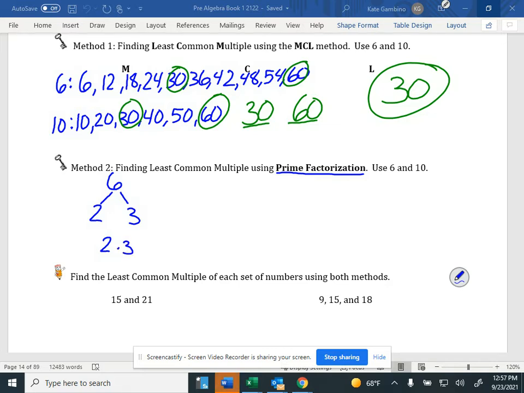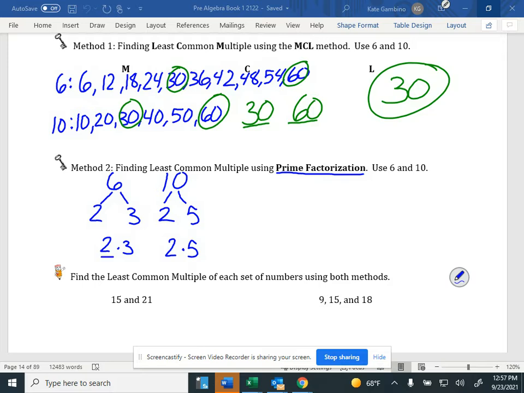Then we need to find our primes for 10. What are the primes for 10? Nathan? 5 and 2. Yep, 2 and 5. Here's where the difference comes in. We need to see which primes they have in common, and we're going to count it only one time.